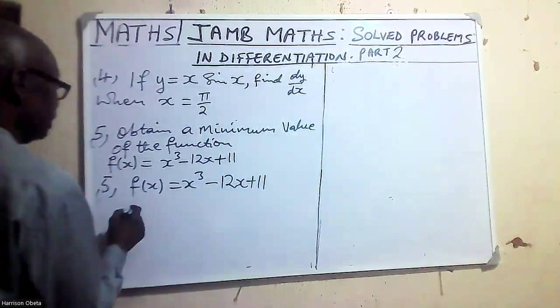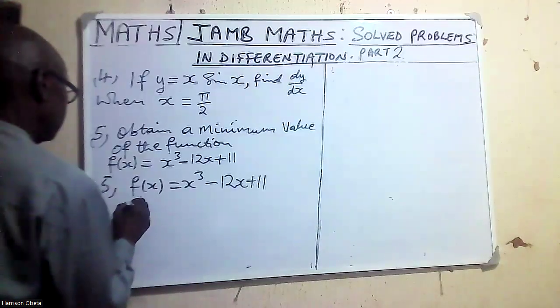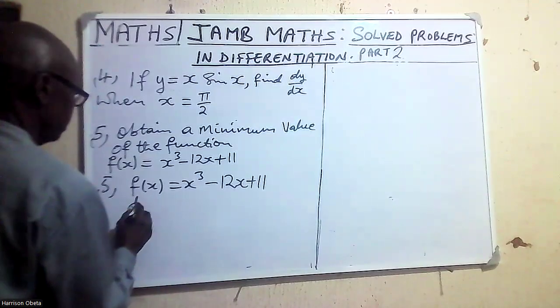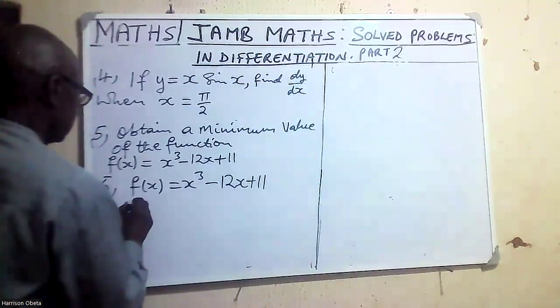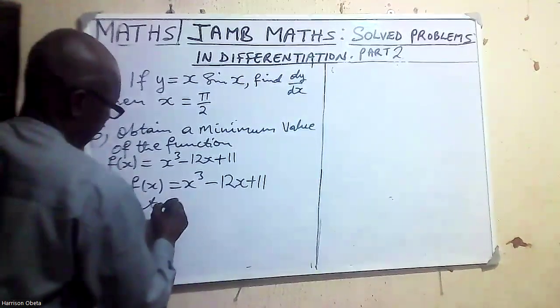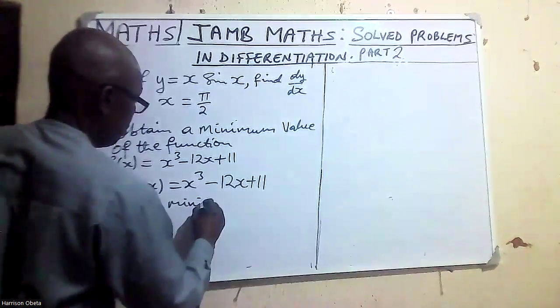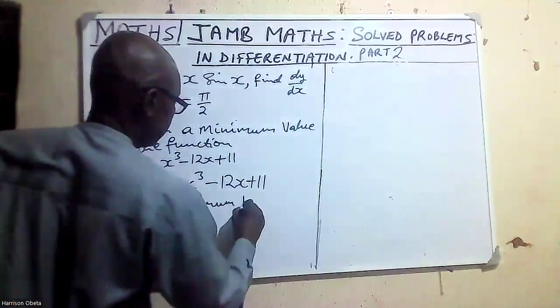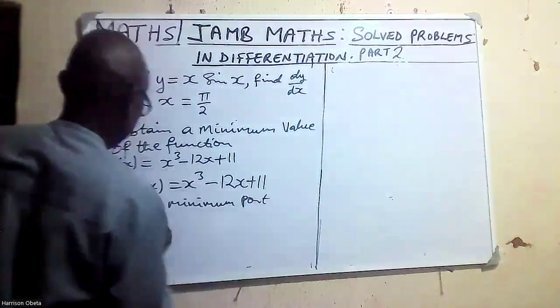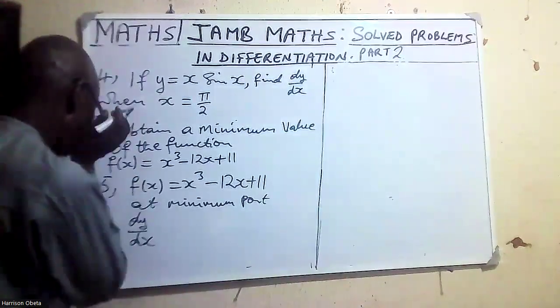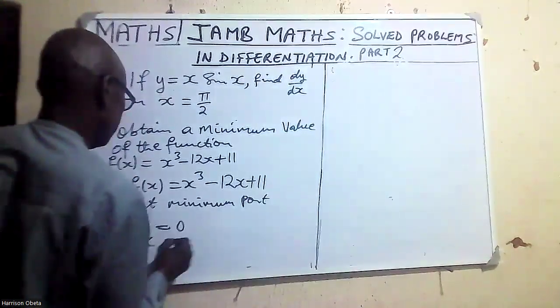So to differentiate, we know that at minimum point dy/dx is equal to 0.